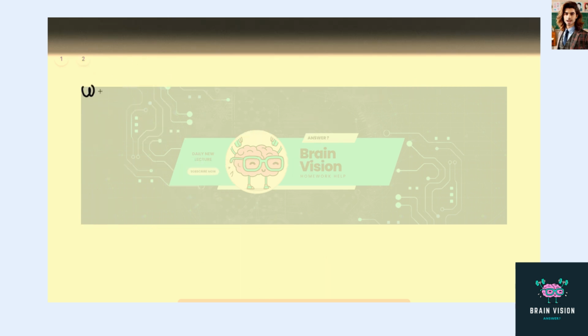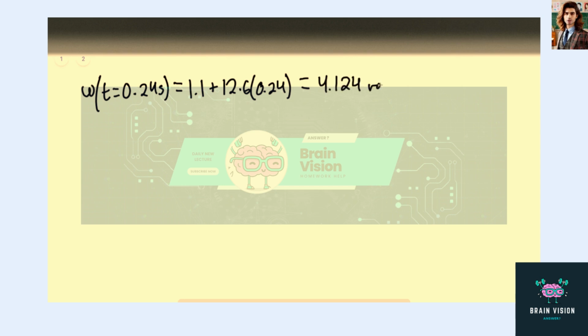And then we're going to find the angular velocity at t equals 0.24 seconds. This is going to be equal to 1.1 plus 12.6 times 0.24. And this is going to be equal to 4.124 radians per second.